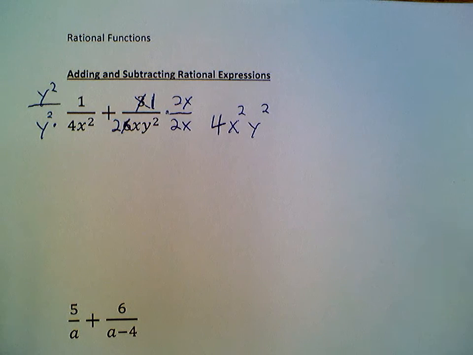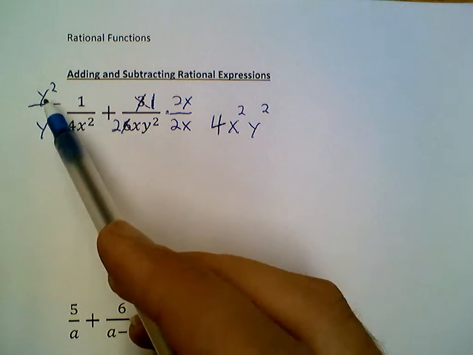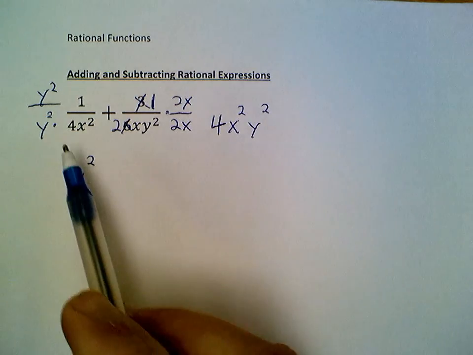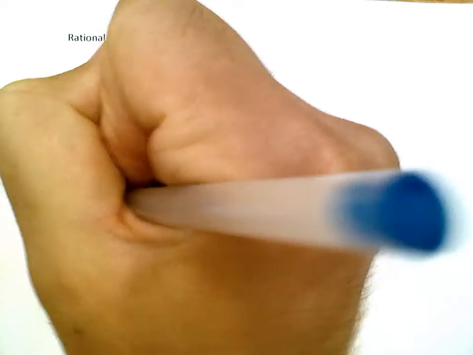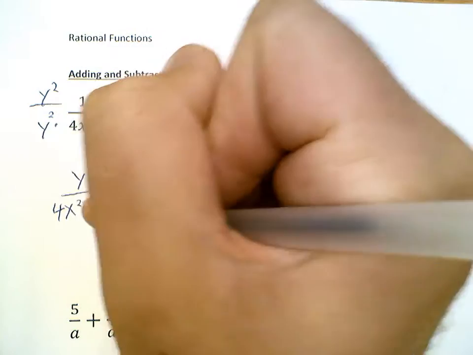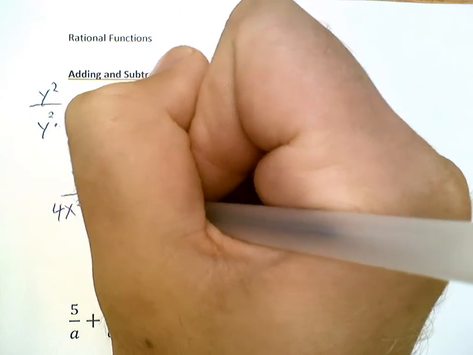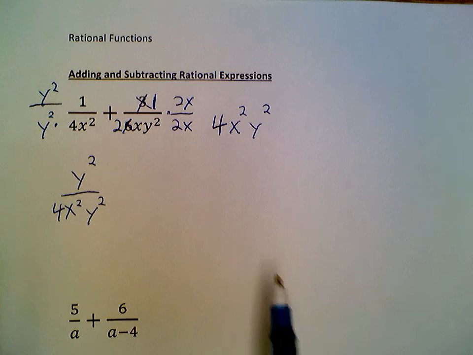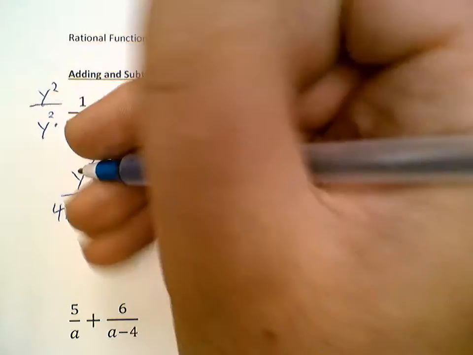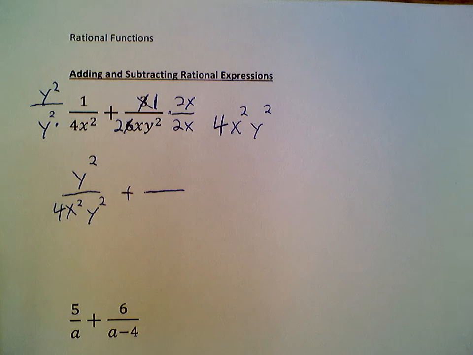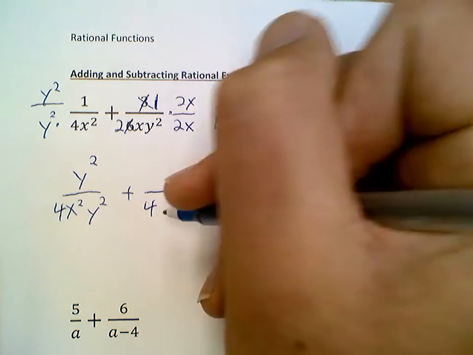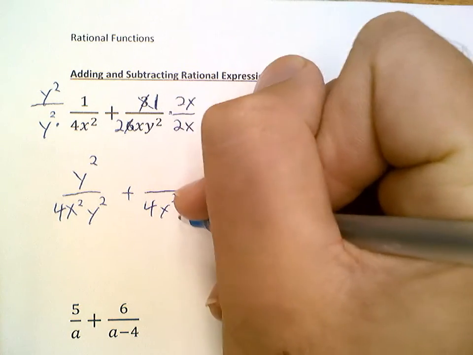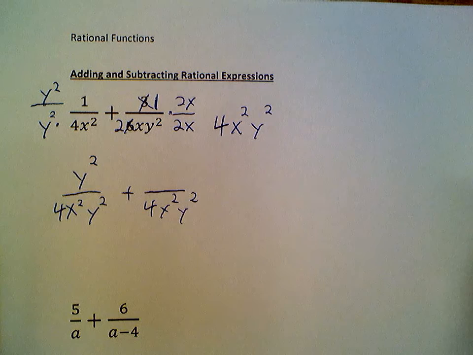Now I'm just going to multiply. Remember, when you multiply fractions, numerator times numerator, denominator times denominator, so y squared times 1 is y squared. y squared times 4x squared is 4x squared y squared. 2xy squared times 2x on the next fraction is going to result in the same denominator because 2 times 2 is 4, x times x is x squared, and then I still have this y squared here.